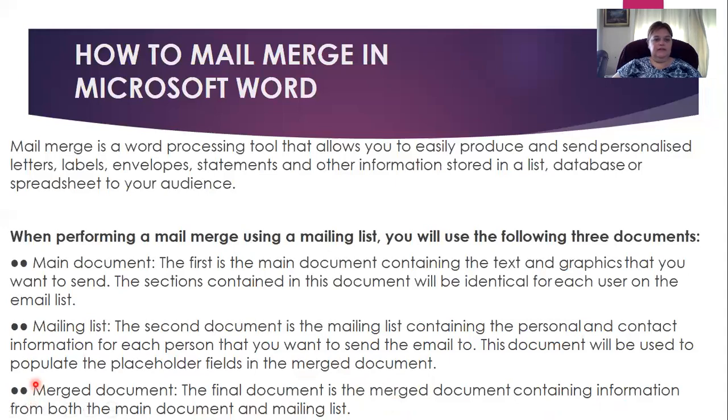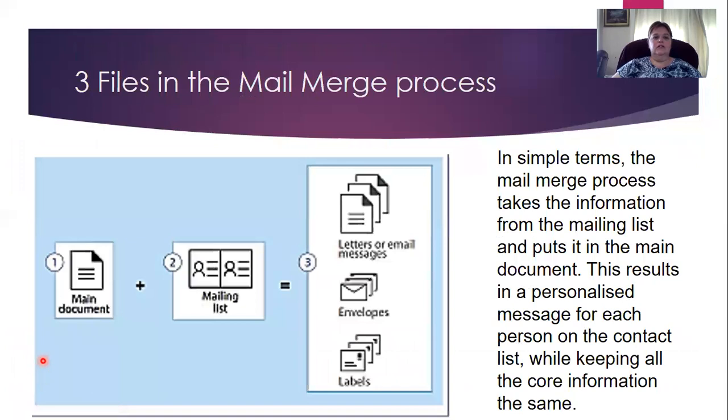Let's go to the next slide. So let's see, the 3 files in the mail merge process: my main document, my mailing list, which can be set up in Word, Excel, or Access. And then thirdly, I'm going to set it as either a letter or an email.